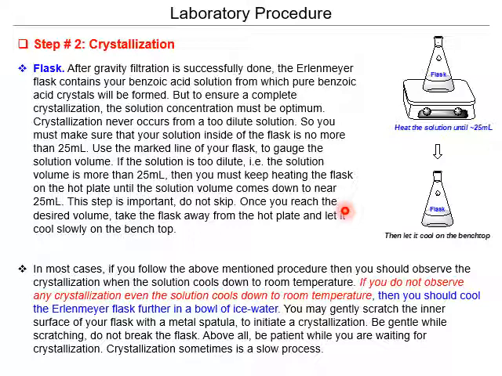The point you need to be careful about is that the volume of the water must be around 25 milliliters. If the solution is too dilute, your crystallization will not be perfect. So if you have a volume higher than 25 milliliters, you need to keep doing the heating step to have 25 milliliters of the solution.